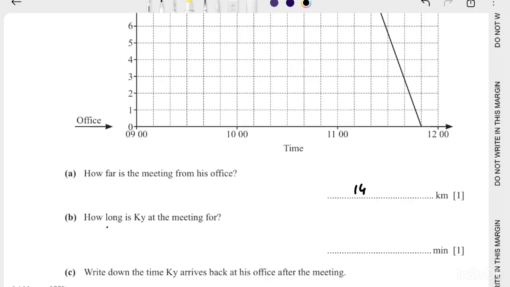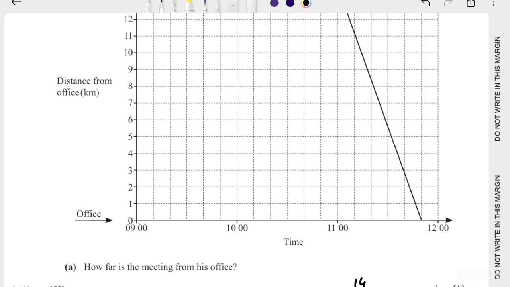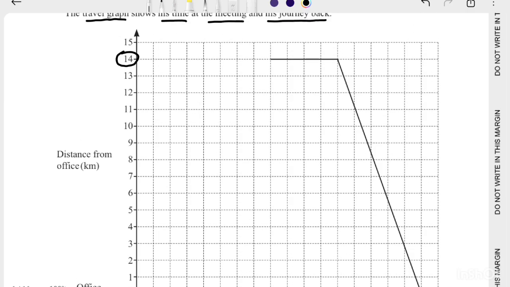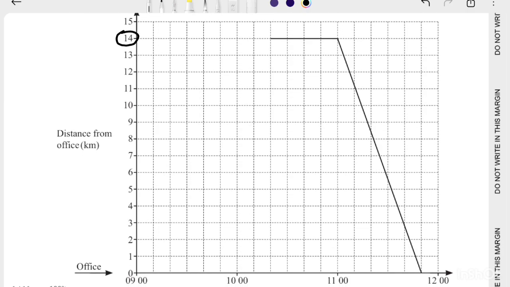B part. How long is Kai at the meeting for? We have to find the time. We have to see his staying time. For that purpose we should know the exact time for one box.